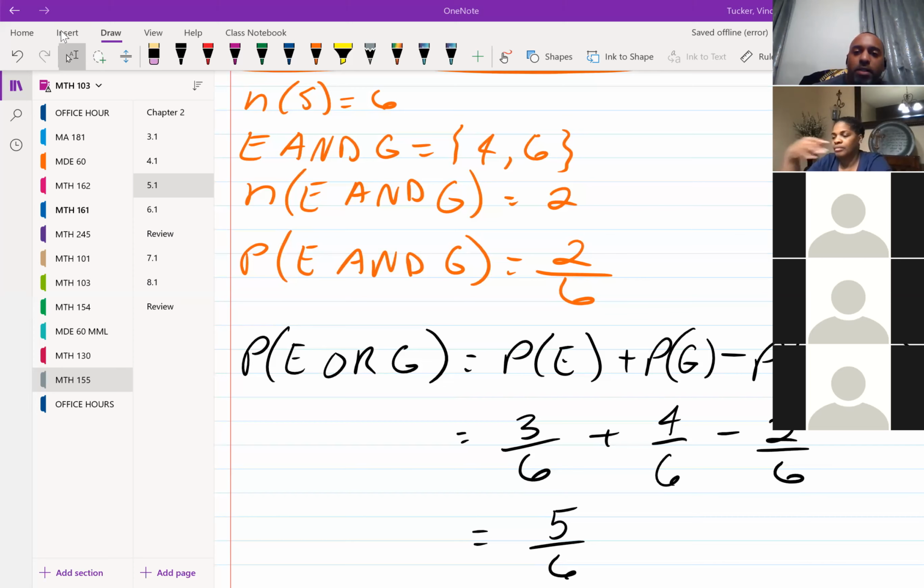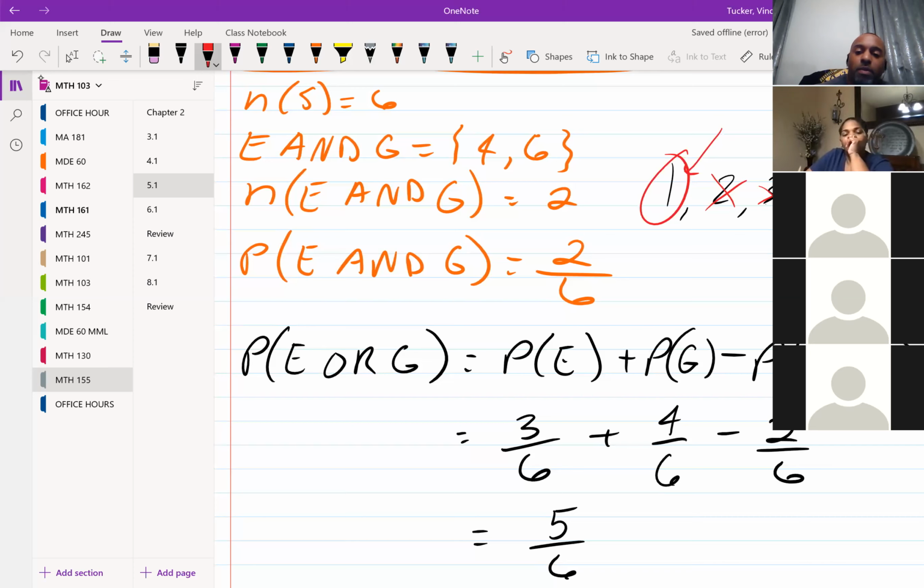So if you think about it, let's look at our numbers. So our even numbers, 2, 4, 6, and then numbers greater than 2. The other numbers that are taken up that aren't crossed are 3 and 5. So that's why it's not 6 over 6. The only one that's really not given a count for is the number 1.